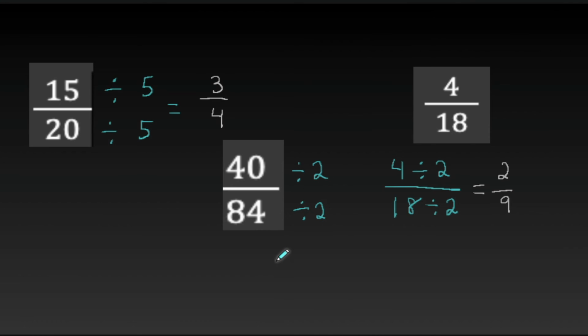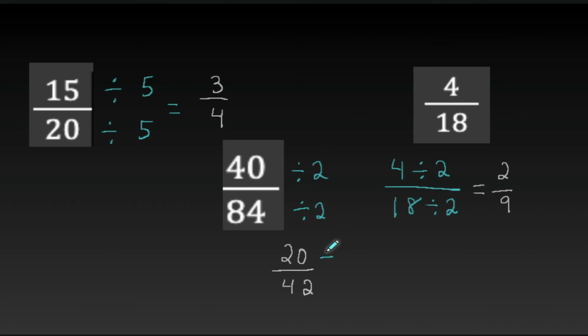So 40 divided by 2 is 20, because half of 40 is 20, over, and then you can just say 2 goes into 8 4 times, because 2 times 4 is 8. 2 goes into 4 twice, because 2 times 2 is 4. Now, as you can see, we can simplify this even further, like I've stated.